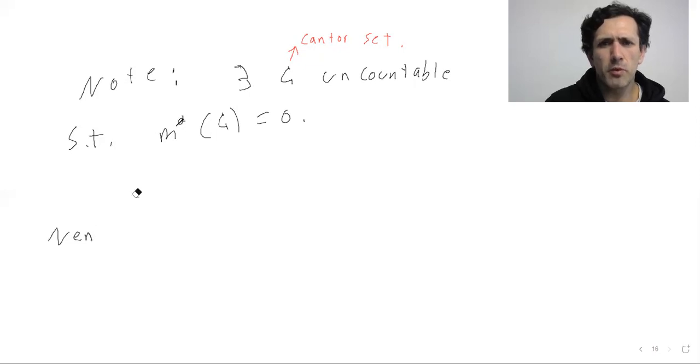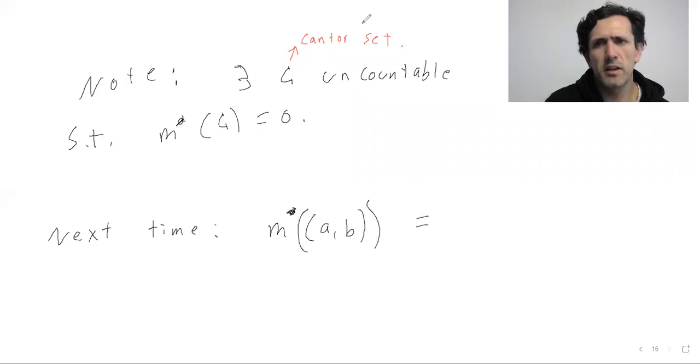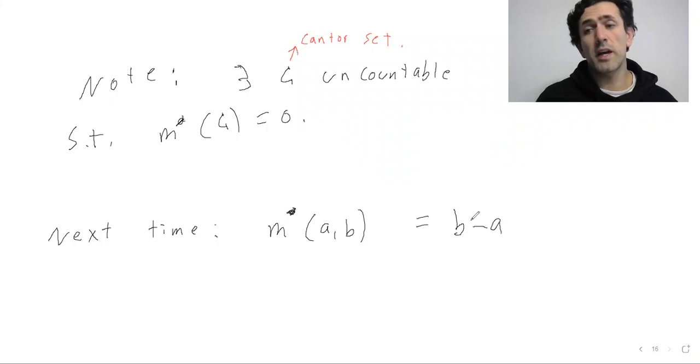So next time I'm going to prove the following, which actually is one of the more challenging things in this course to prove, and it looks so innocent. Next time I'm going to prove that the outer measure of an open interval (a, b), I really probably should put 2 brackets, but that's just a pain, is just its length.